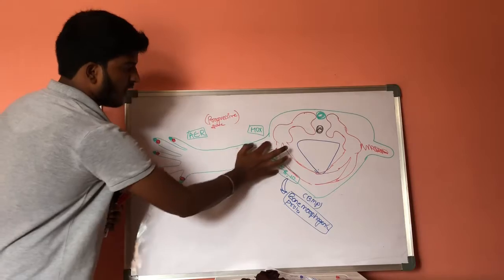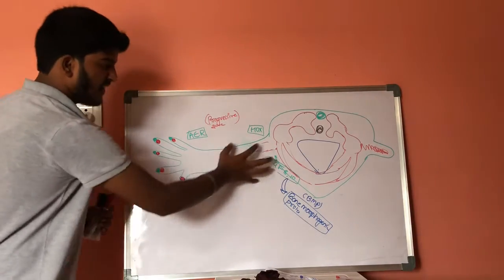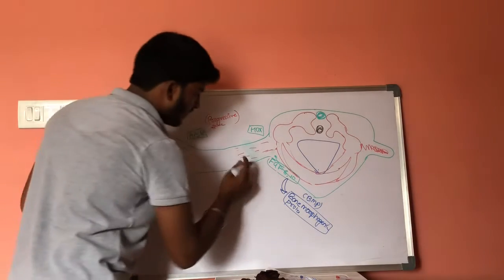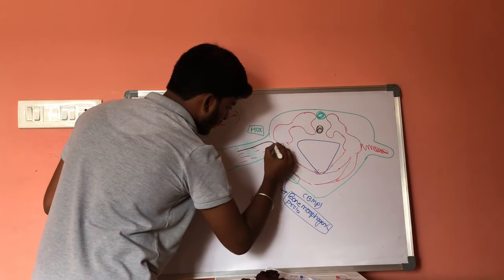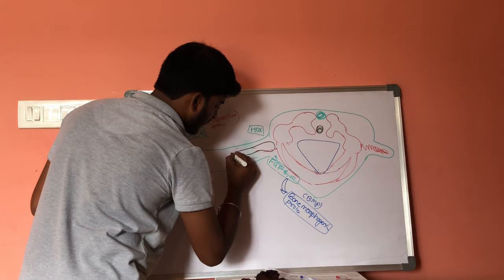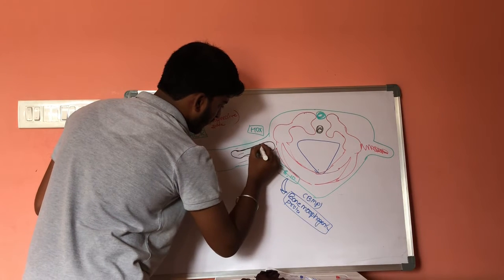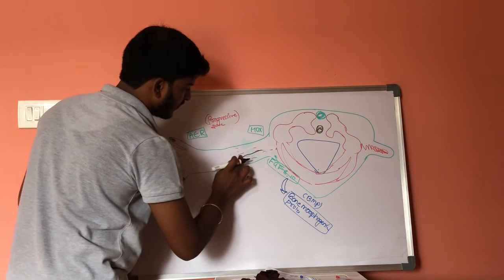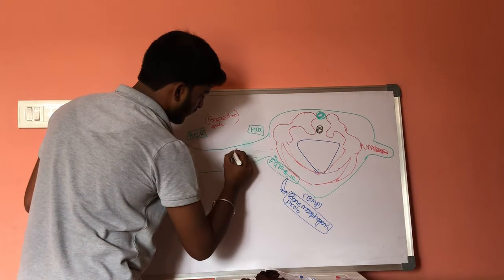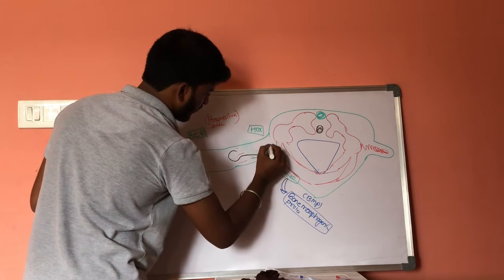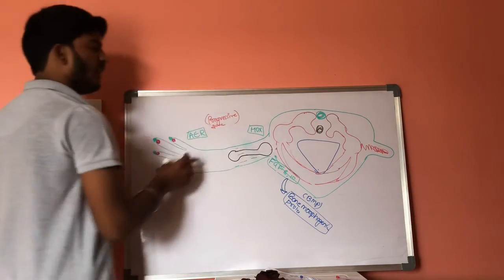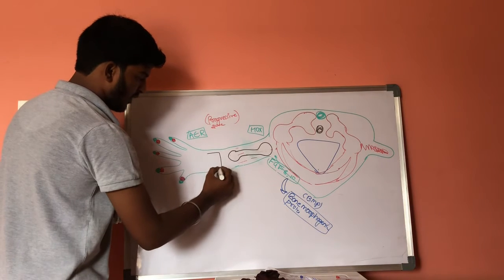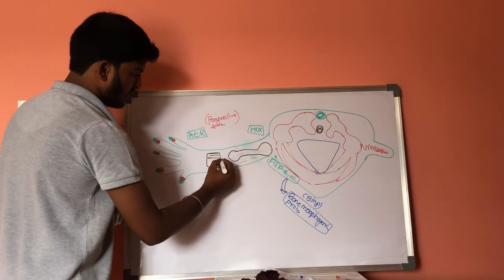This mesenchyme will get converted to cartilage forms. Here it will get converted into cartilaginous forms, and this is one more cartilage.